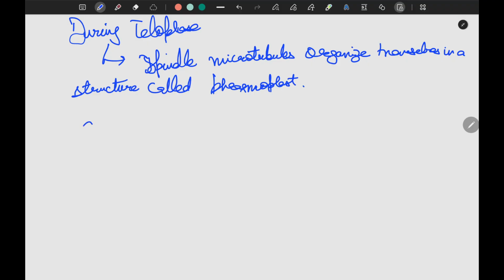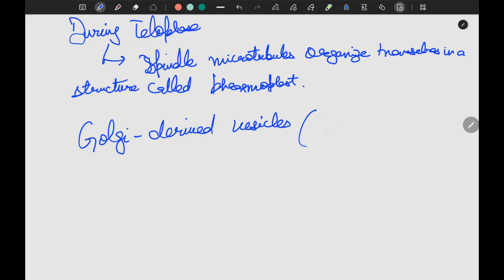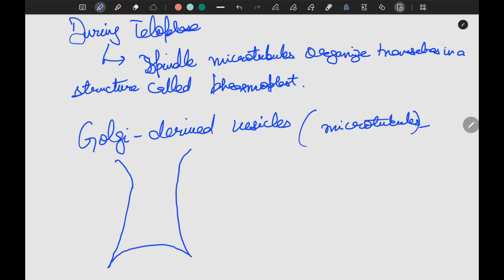Now secondly, Golgi derived vesicles, with microtubules carried along, accumulate at the center and fuse to form a cell plate. For example, suppose this is a plant cell right now. These are known as Golgi derived vesicles.